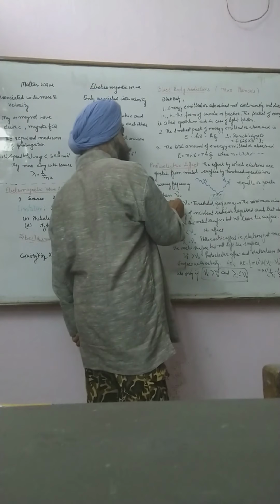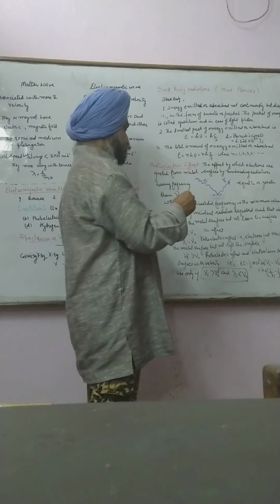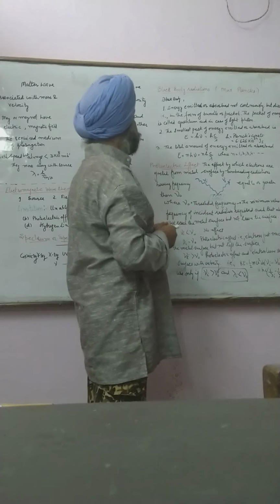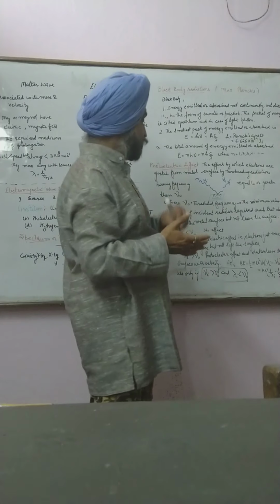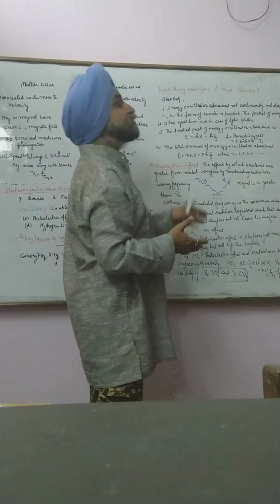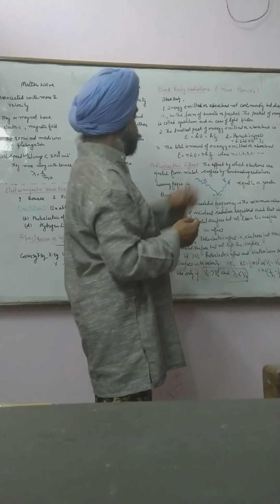Threshold frequency is represented by nu naught. What is threshold frequency? The minimum value of frequency of incident radiation required such that electron just reaches the matter surface but does not leave the surface.